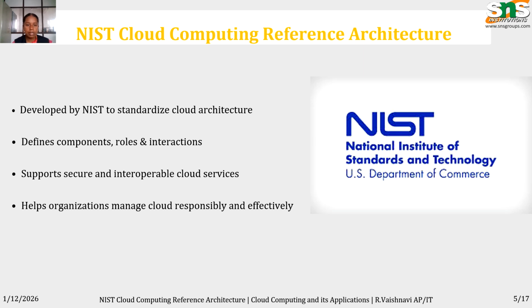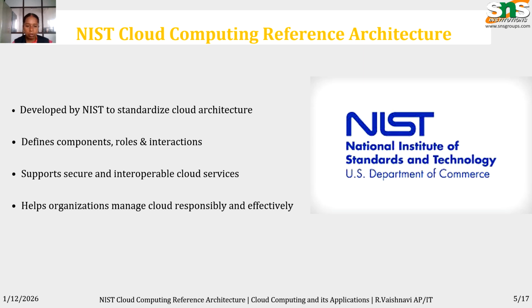So next we are going to see the detailed notes of the NIST cloud reference architecture. NIST, that is National Institute of Standards and Technology. The architecture model was developed by NIST. It defines the components, roles, and then interactions.